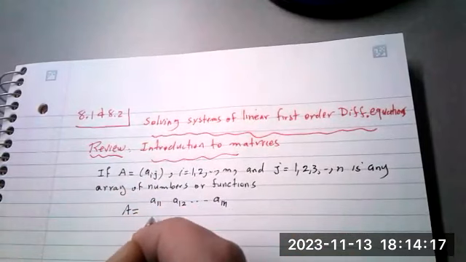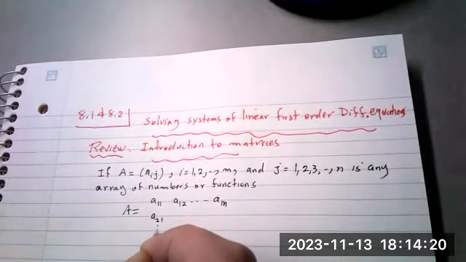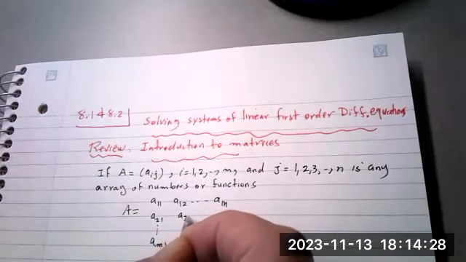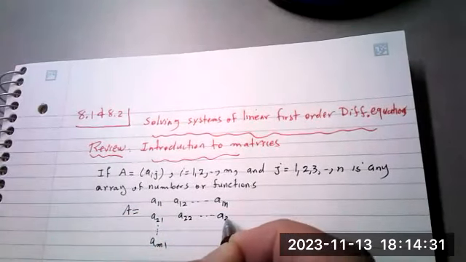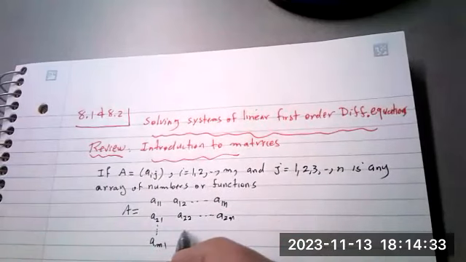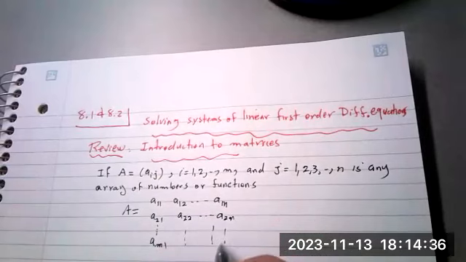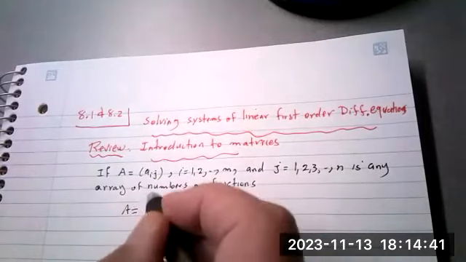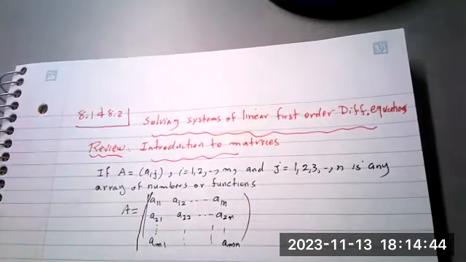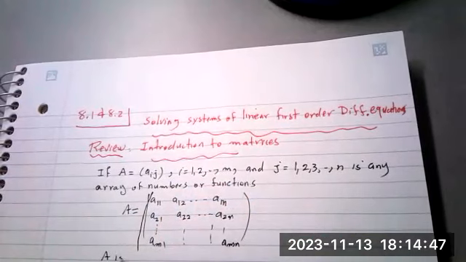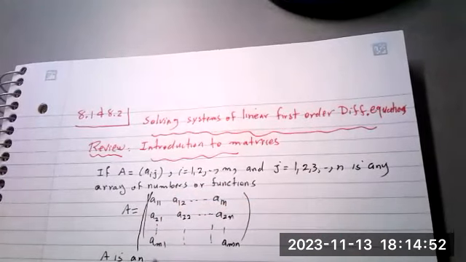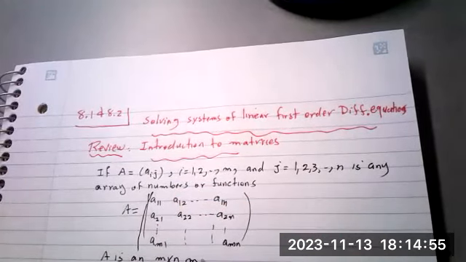Then you continue with the other rows: A21, and at the end AM1, then A22 up to A2n, and all the other entries until you get to AMN. So A is an m by n matrix.